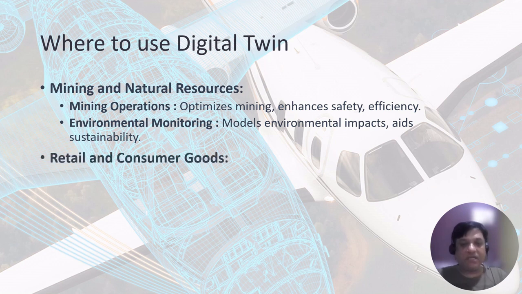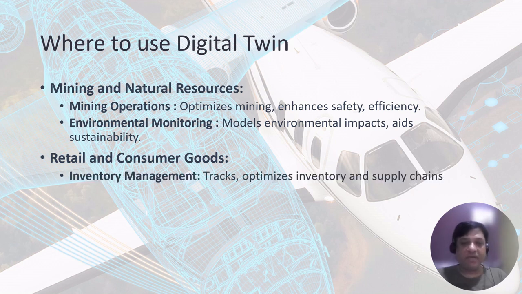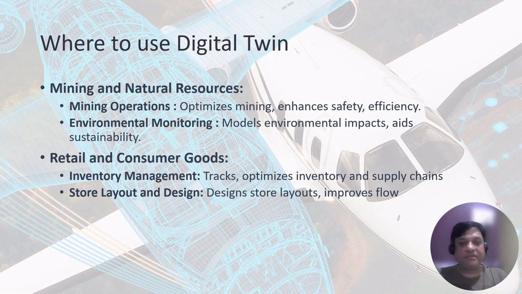Then comes retail and consumer goods, in which the first one is inventory management. It aids in tracking and optimizing inventory levels and supply chains. Next is store layout and design, wherein digital twins help design store layouts for better customer flow and product placements.